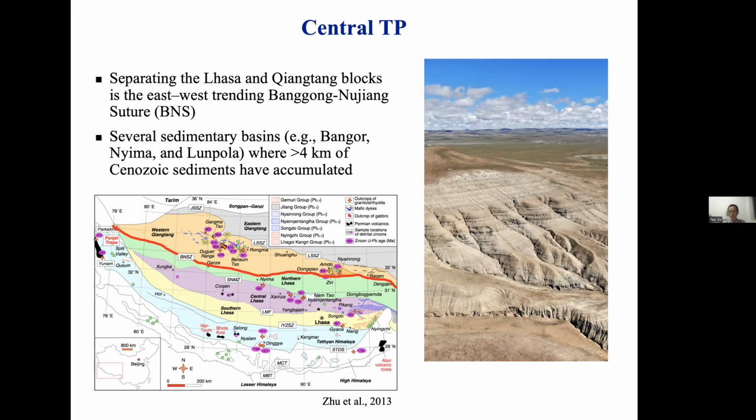It's a very huge outcrop. I don't know if you can see the cars in the upper part. There are several vehicles. So you can imagine how big it is.